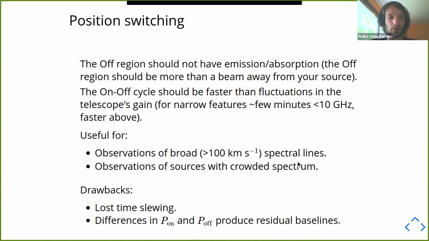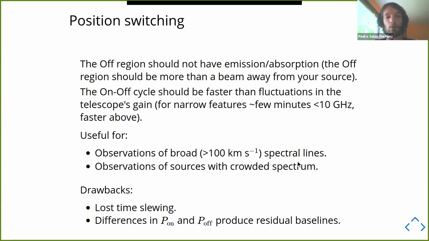The cycling of this, how often you should be switching between on and off, will depend on the frequency at which you're observing and how broad the features are. Usually for spectral lines, every few minutes or so is good enough.